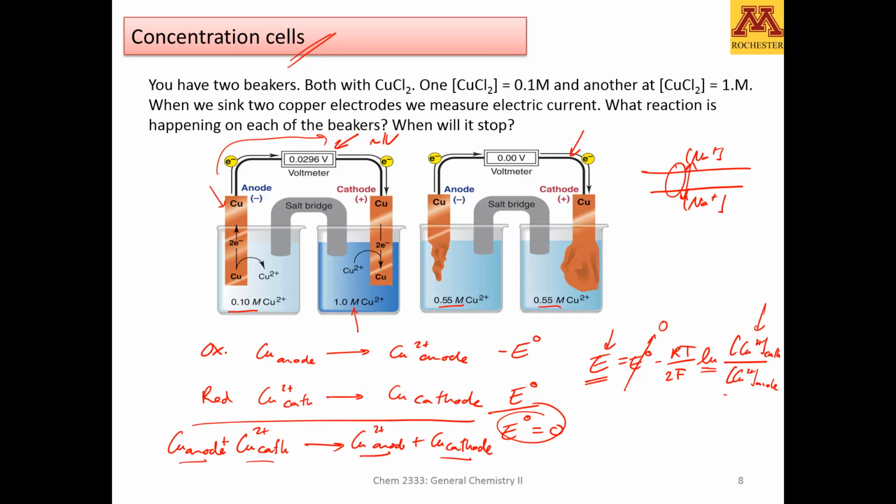So while it is not a large potential, what you will see is a transfer of electrons, so that the objective is that the concentrations on both sides become the same. Take home message: the standard potential is always 0 for concentration cells. What creates the potential is the difference in concentrations.